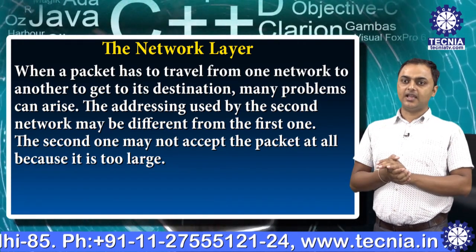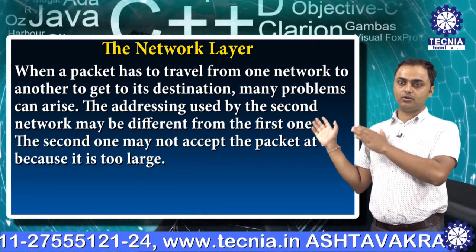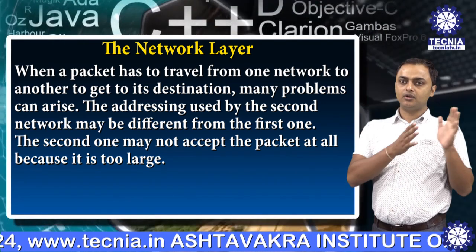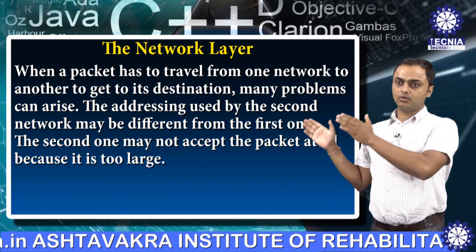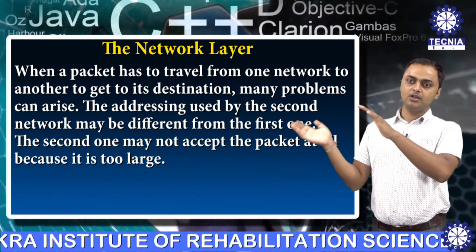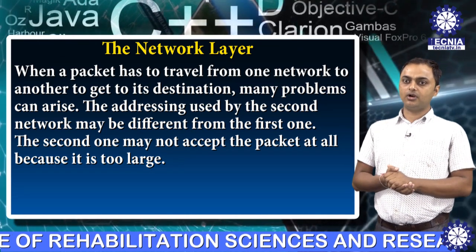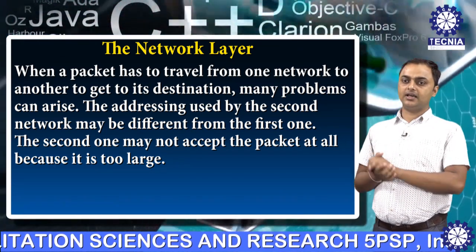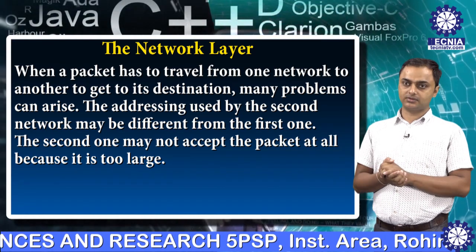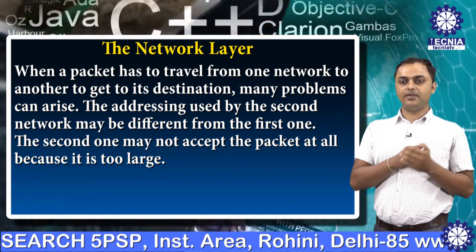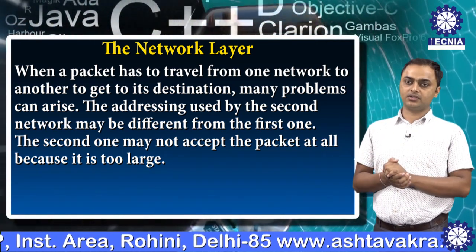When a packet has to travel from one network to another to get to its destination, from source to destination and vice versa, because all layers work in full duplex form, many problems can arise.